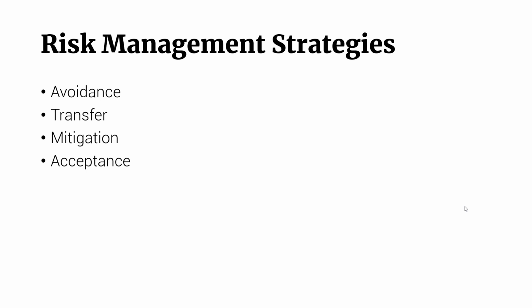So dito sa mitigation, it's a strategy that involves implementation of measures para maiwasan ang likelihood ng pag-occur ng mga risks, and minimize its impact kung matuloy man yung risks na identify.